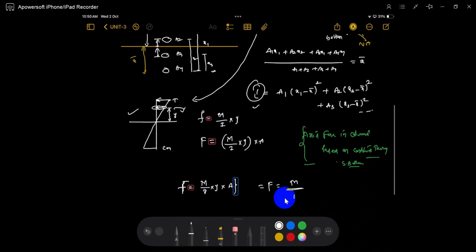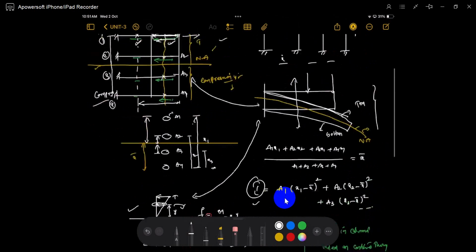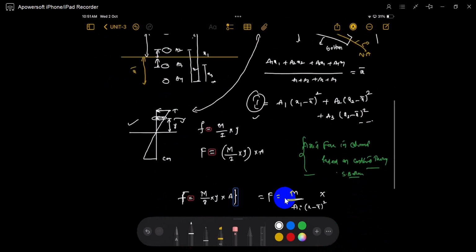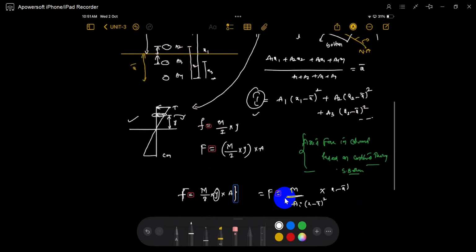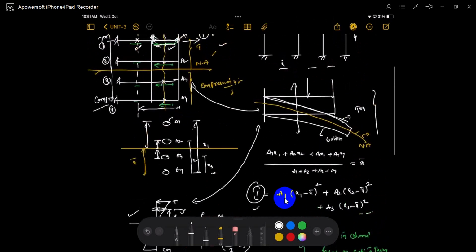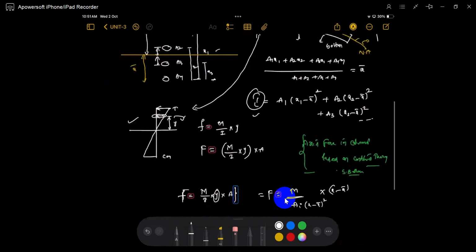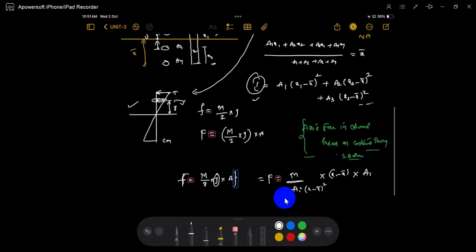I is the sum of area into y, where y is the distance from the nodal axis, that is, x minus x dash. We call it x. Already see it: the distance from the nodal axis and the area of that column.